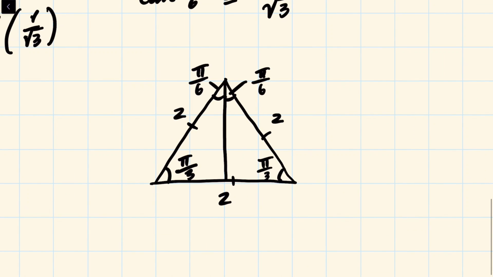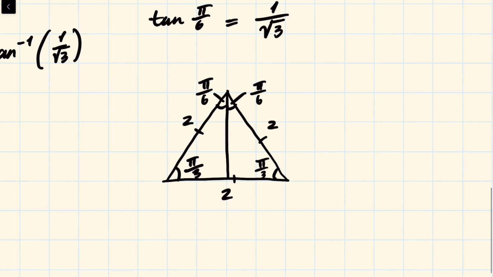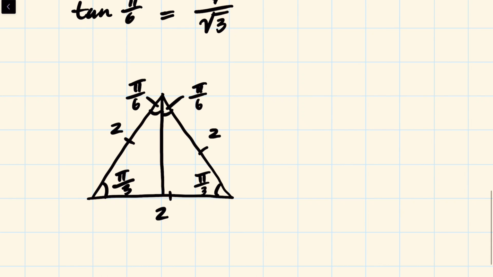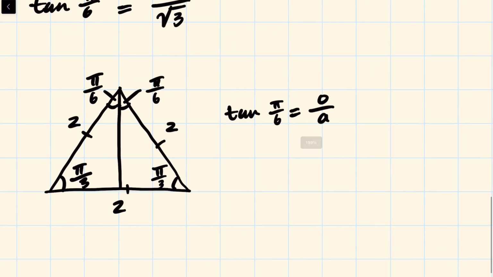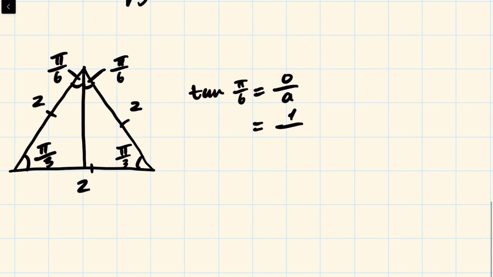Okay, and so we want the tangent of this pi over 6 here. Okay, so we know that the tangent of pi over 6 is going to equal our opposite over adjacent, right? The opposite is half of 2, so that's 1. And our adjacent is this guy here.